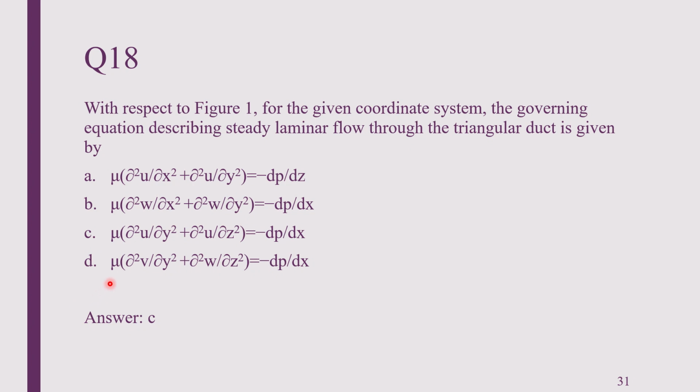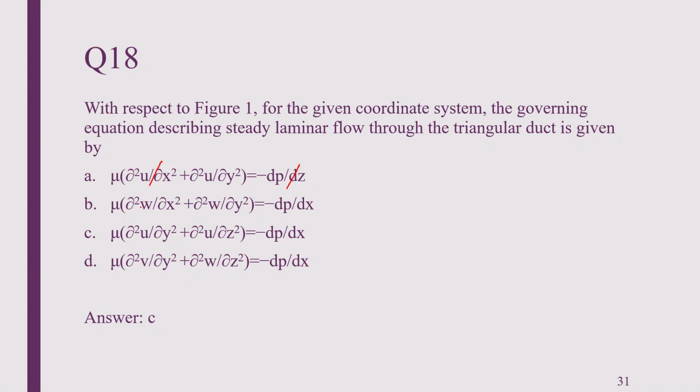In option D, it is given that mu ∂²v/∂y² plus ∂²w/∂z² is equal to minus dp/dx. Here, if we look again, everything is false because although it is in the x direction, these two terms are not right because v and w are already 0. Here u is a function of y and z, so this term is false, and p is not a function of z, so this is false.